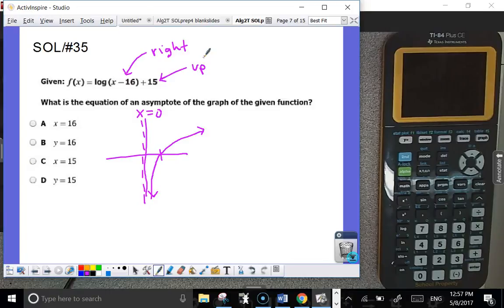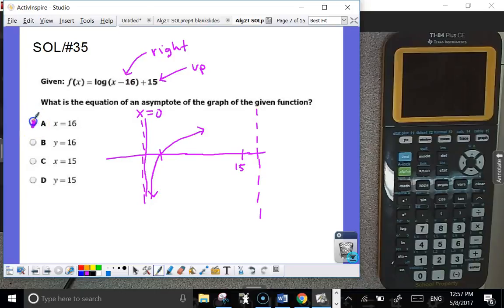The right 16. So I would have to go all the way over here, and I'll say that's 15, so 16 is the next one. And the graph would be to the right of that. So what is the equation for the asymptote? X equals 16.